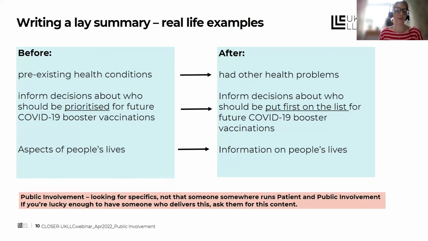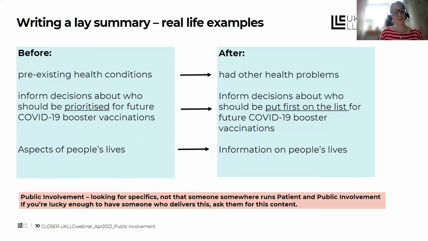If you're talking about pre-existing health conditions, you could just translate that into had other health problems. And then even words like prioritized could be someone who is put first on the list, depending on the context of what you're writing. And aspects of people's lives could actually just be information on people's lives.